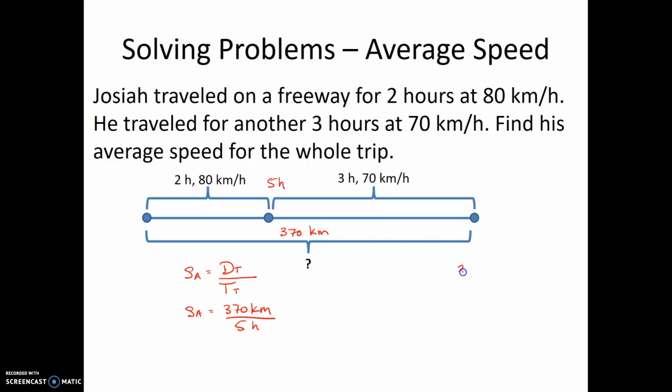So we'll divide 370 by 5, and we get 74. So our average speed for this trip was 74 kilometers per hour, and that is our answer. So you can see why that is different than just adding the two speeds up and dividing them by 2.